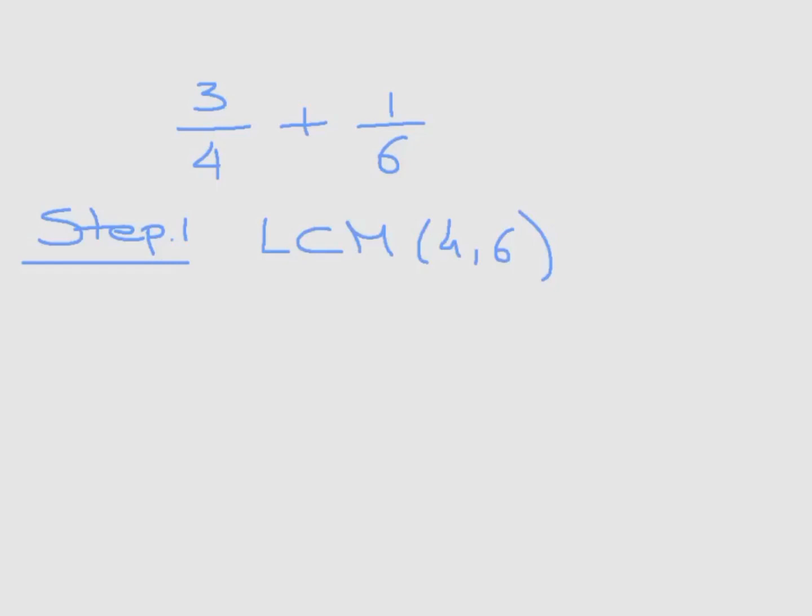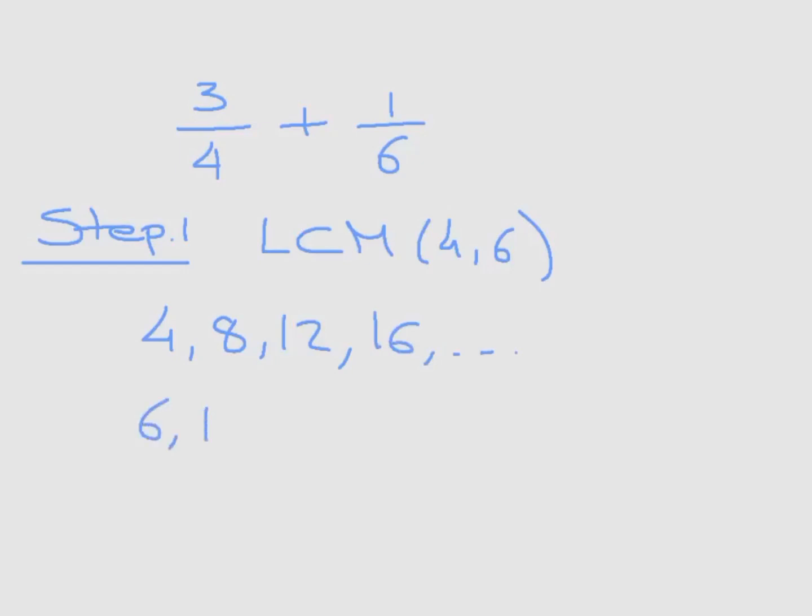To do this, one of the easiest methods is simply to write the multiples of 4, which I'm writing here: 4, 8, 12, 16, and so on, as well as the multiples of 6, which we can write here.